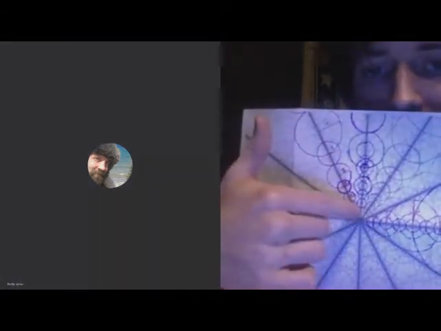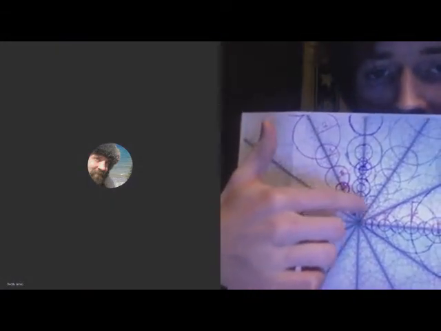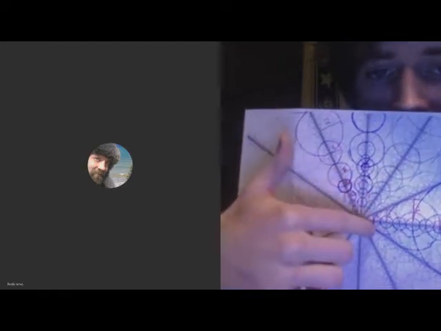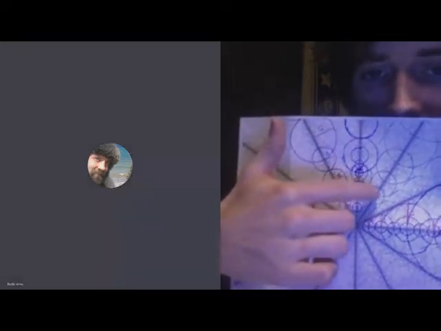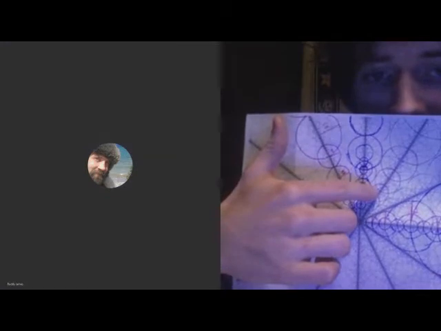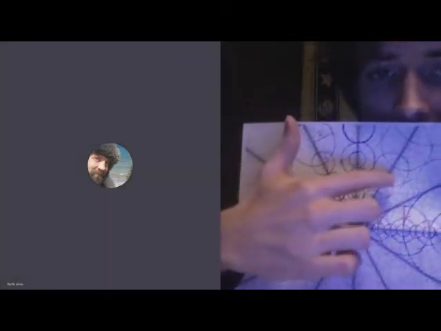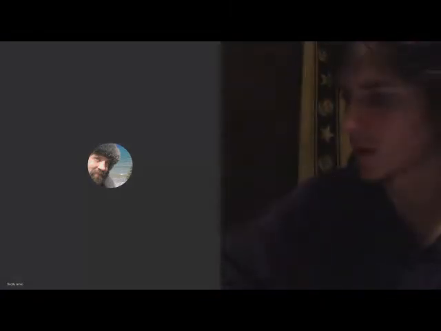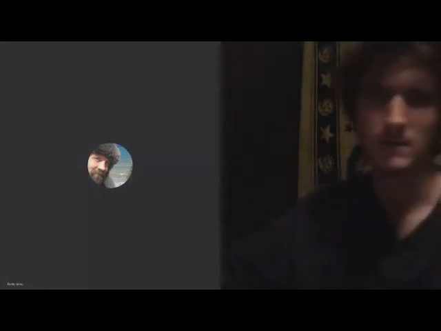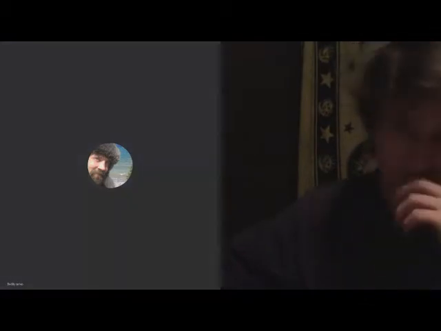But then this circle right here is the same radius as this one, so it's 1, and this doesn't have a measurement. And then this radius is 2, and this circle doesn't have quite a measurement. So I was curious if that ratio is in relation to phi or whatnot, because I'm not getting an accurate measurement.